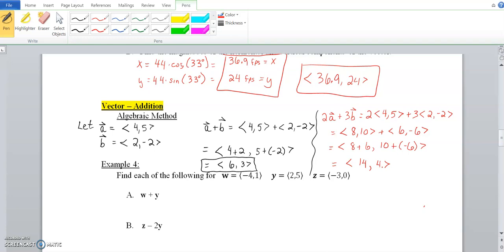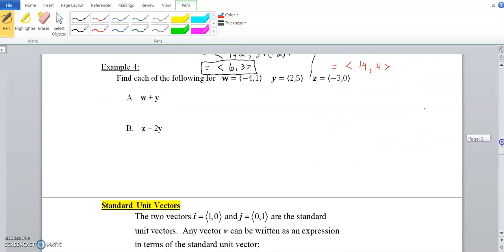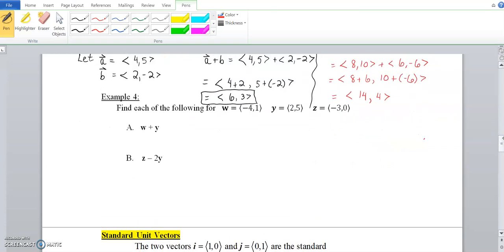Each of the following, given w, y, and z, just says perform the following. So if we want to do these, we can.